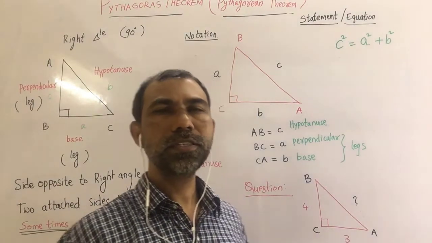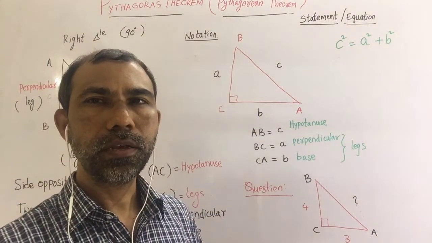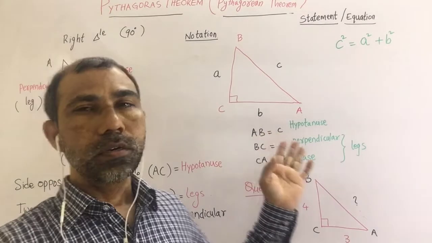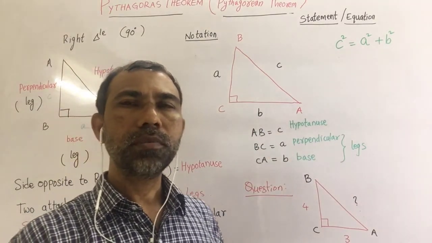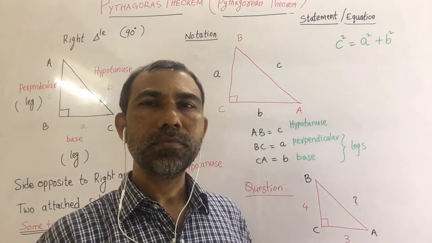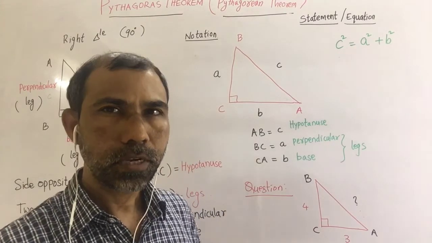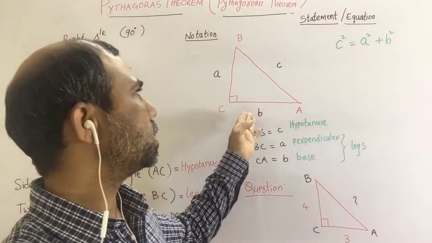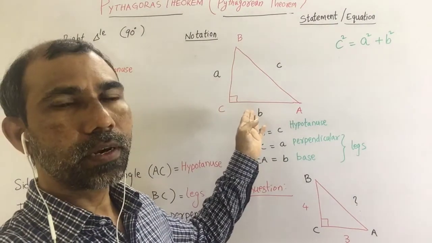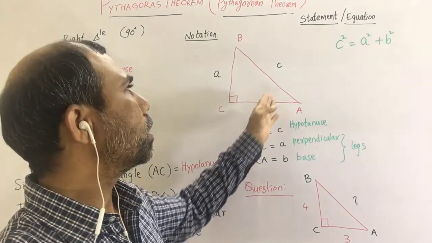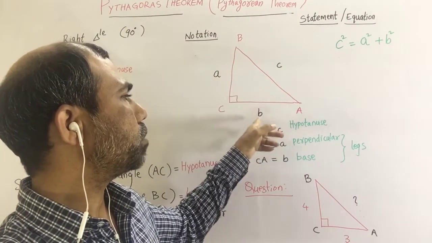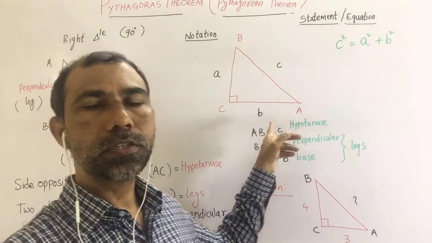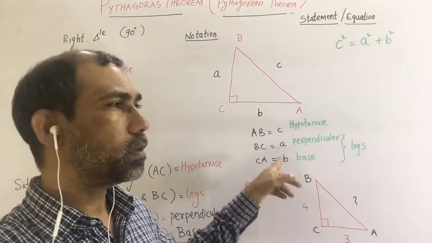The Pythagoras theorem states that in a right triangle the square of the hypotenuse is equal to the sum of the squares of the remaining two sides. That means if you assume triangle ABC is a right triangle at B, then c is the hypotenuse and the two legs, the base and perpendicular sides, are a and b.